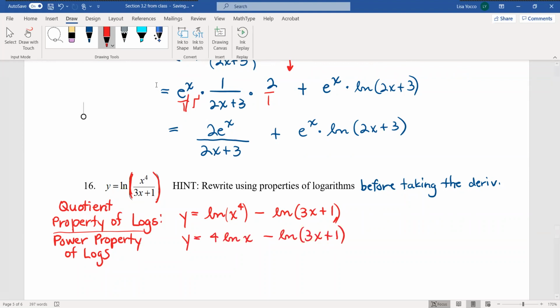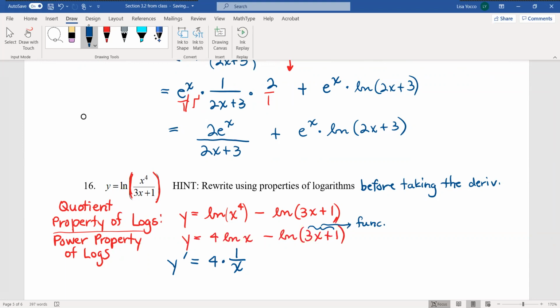All right, now I can use my derivative rules. For the derivative, hang on to the 4, and for ln of x, that's the simple case. The derivative of ln of x is 1 divided by x. Now, 3x plus 1, that's the function that's in the parentheses.